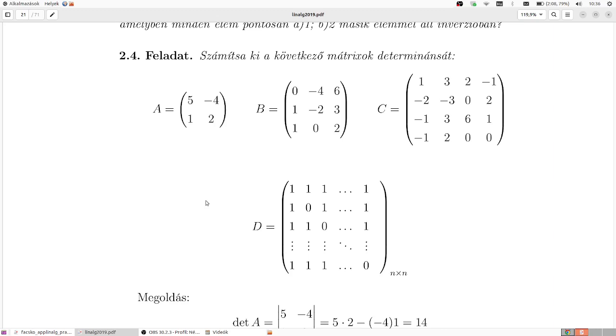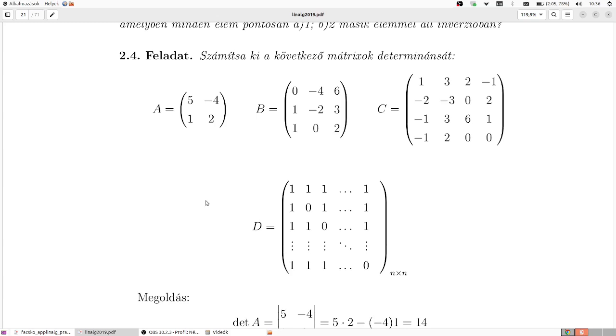That's the same. So 5 times, that's minus, this is minus 10, so it's minus 14, and it's upper triangular form.